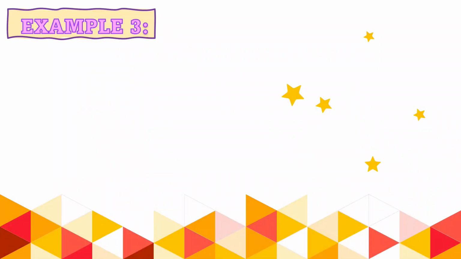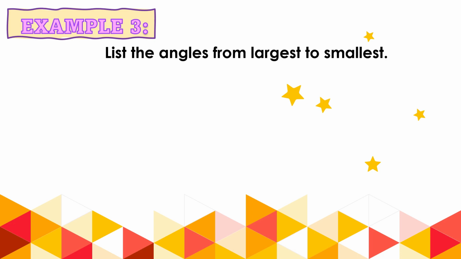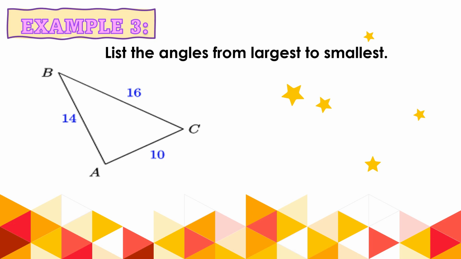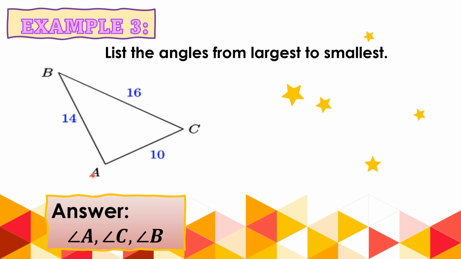Let's have example number 3. List the angles from largest to smallest. In triangle ABC, side AB measures 14, side BC measures 16, and side AC measures 10. So our answer here, angle A is the largest angle because it is the opposite of the longest side.